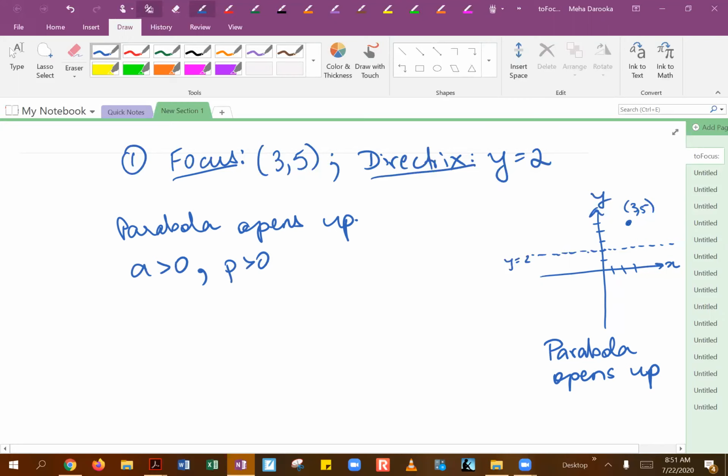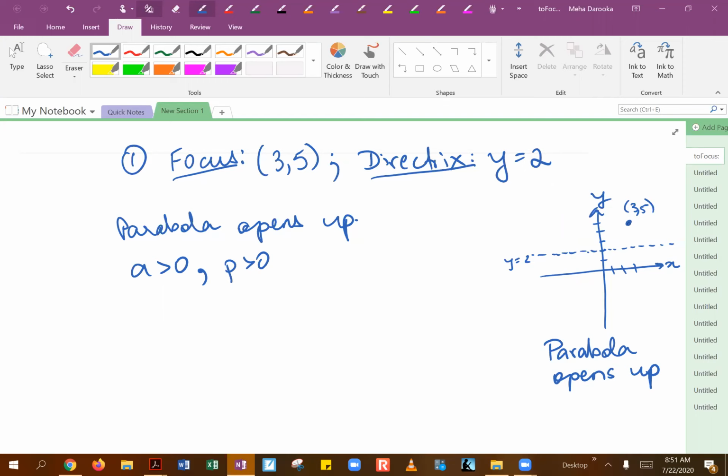And remember, p is the distance between the focus and the vertex, or the distance between the vertex and the directrix. So this is something that will come in handy as you are working through these examples.